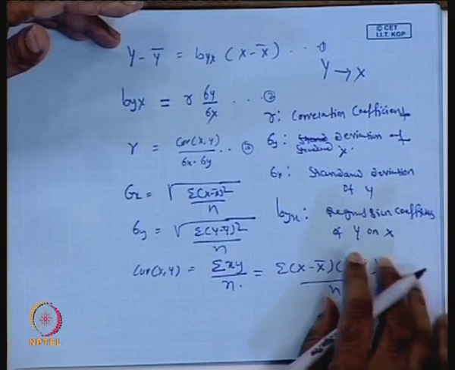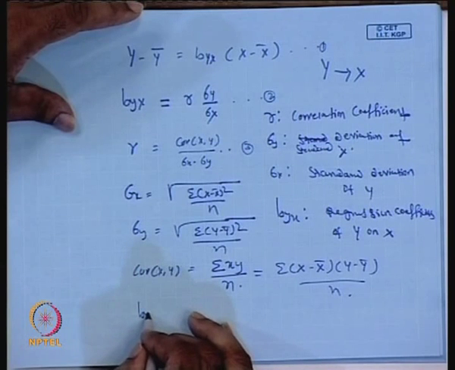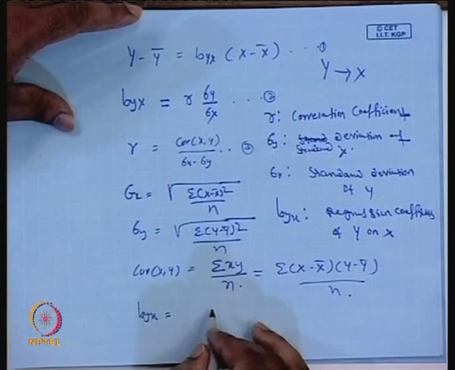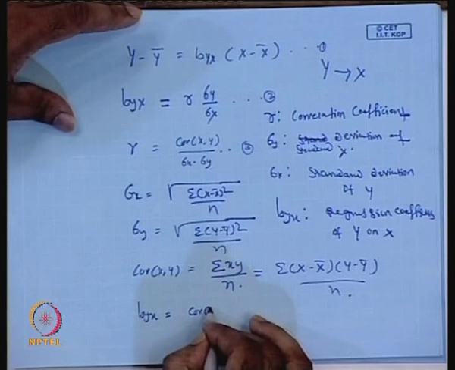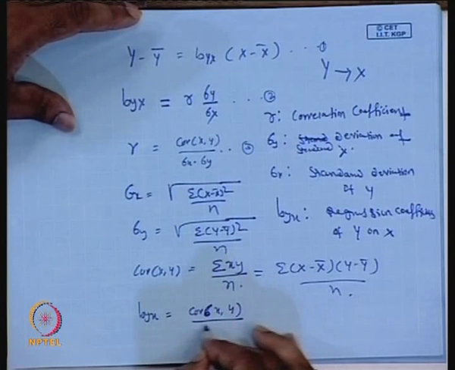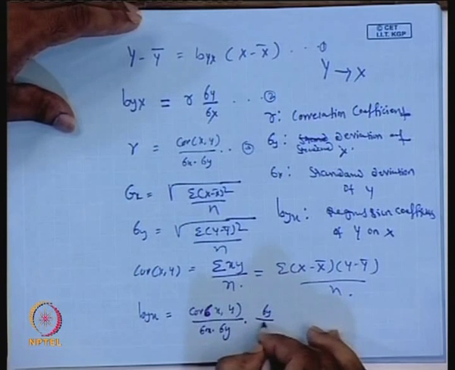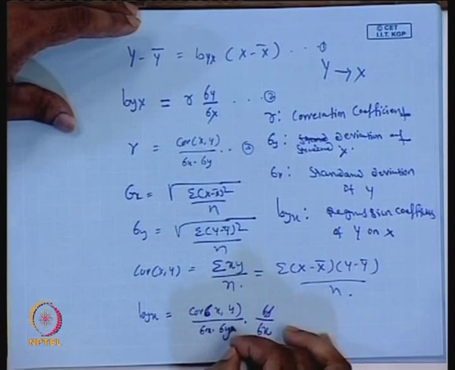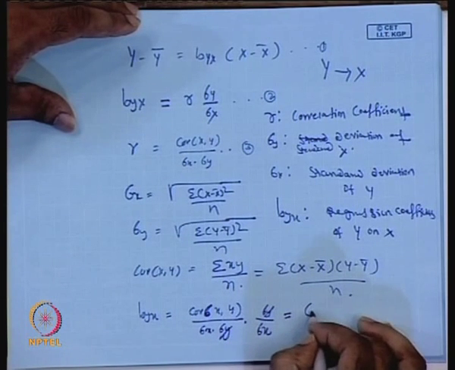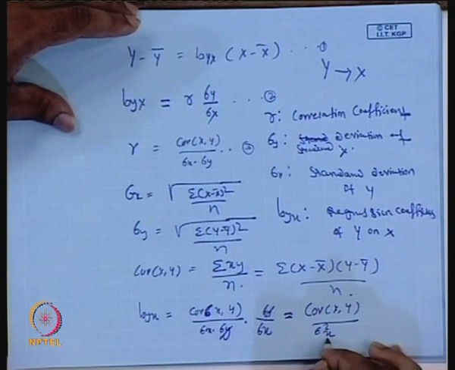Now, if we summarize all these details, then byx is nothing but covariance of xy by sigma x into sigma y, into sigma y by sigma x. So, sigma y cancels.